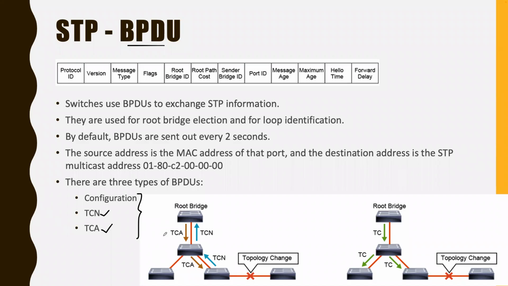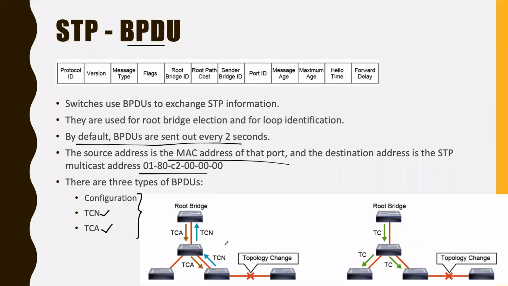By default, BPDUs are sent every 2 seconds. The source address of these BPDUs is the MAC address of that port, and the destination address is a layer 2 multicast address. So that's how all your configuration BPDUs are multicasted.